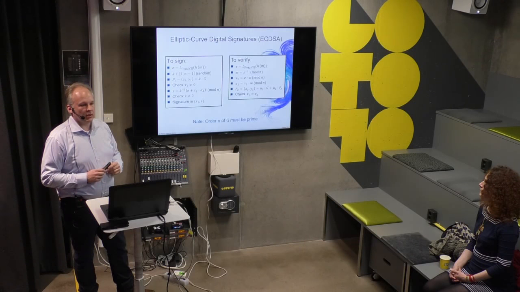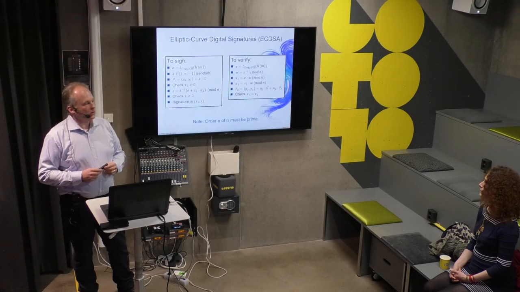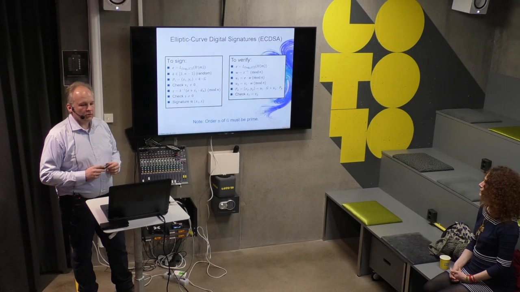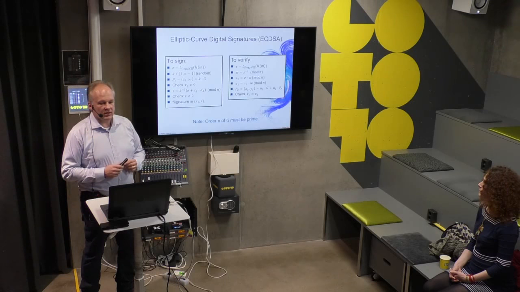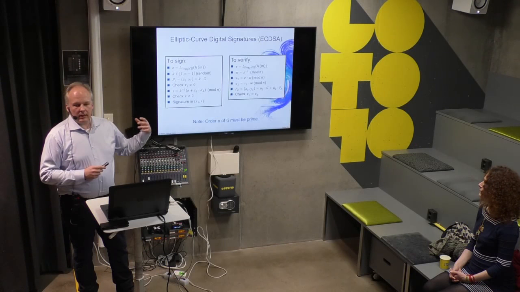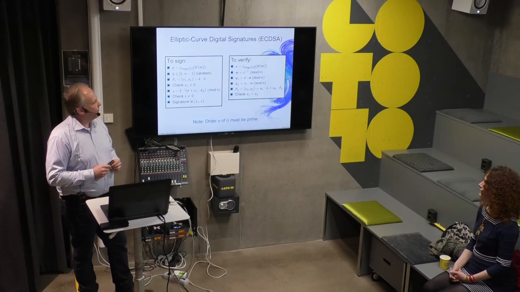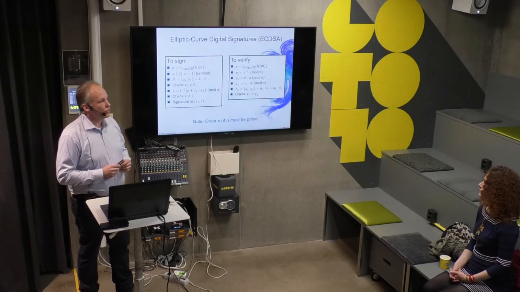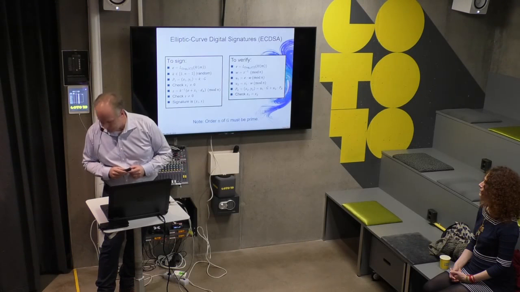If you get the same result, you know it was signed with the correct private key. So this is called elliptic curve digital signatures. These names, ECDH and ECDSA, you will see a lot if you look at ciphers used in different servers.